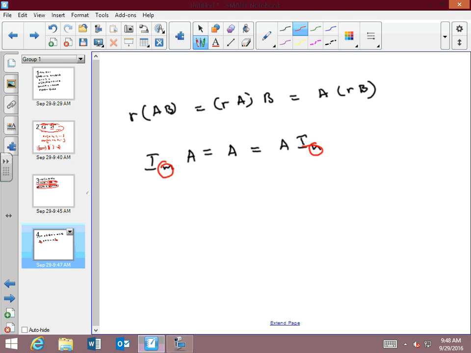Because when you do it on the right, your multiplication is the row of I with the column of A. When you're doing it on the left, it's the row of A times the column of I. So these things have to match up.